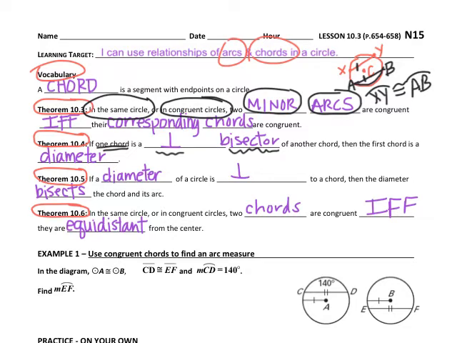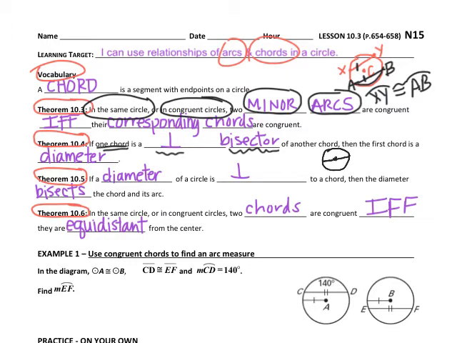All right, let's look at 10.5. Theorem 10.5 says if a diameter of a circle is perpendicular to a chord, then the diameter bisects the chord and its arc. Let's draw a diagram to demonstrate that. This will be a tiny little example over here. A diameter goes through the center.